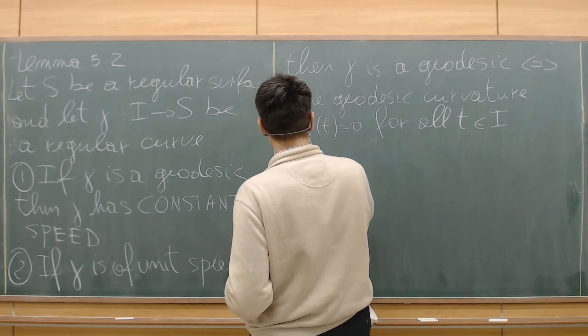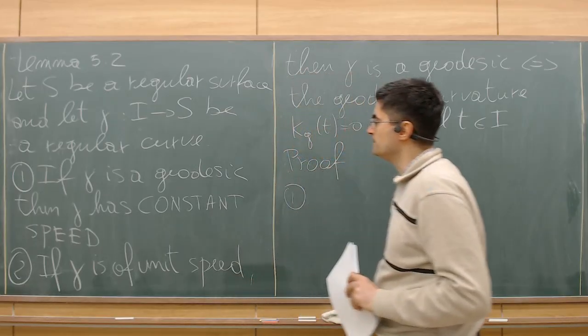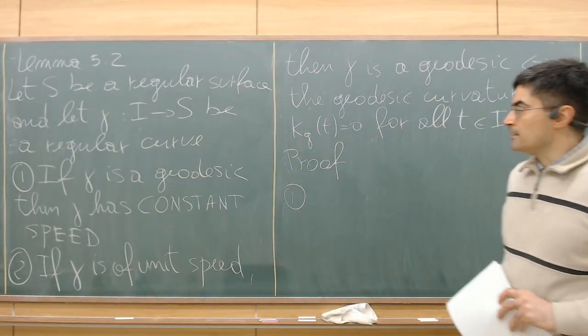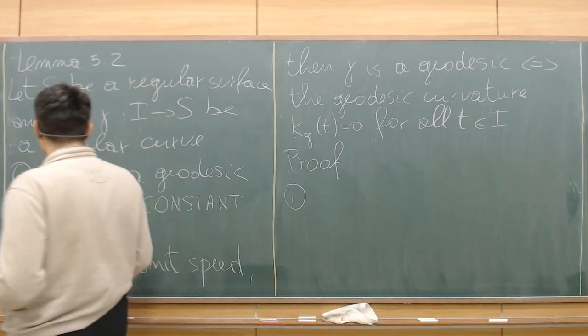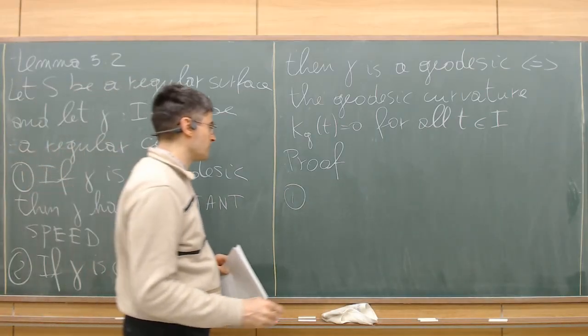What is the proof of this result? So about 1, we have to prove that if gamma is a geodesic, then gamma has constant speed.